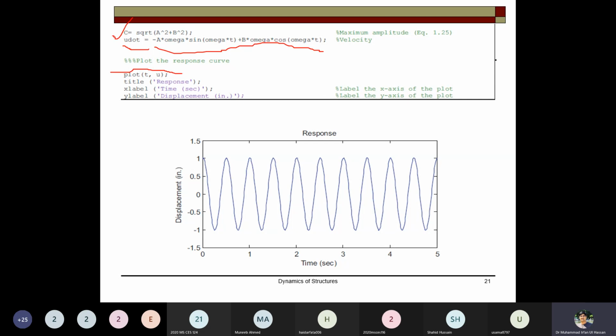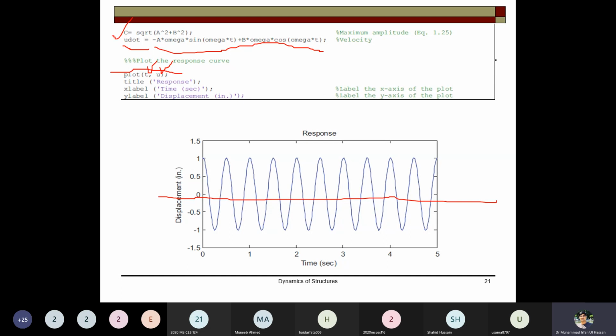In this way, you can plot the system and get the different values. So try working on it. The plot command in MATLAB is simply t versus u. Time comes first on the x-axis, u is the displacement, so you can get this response.